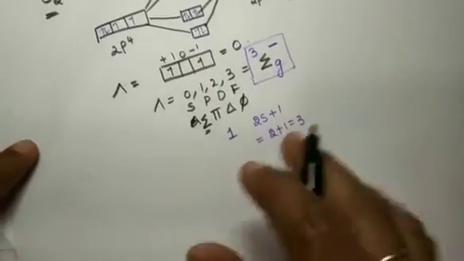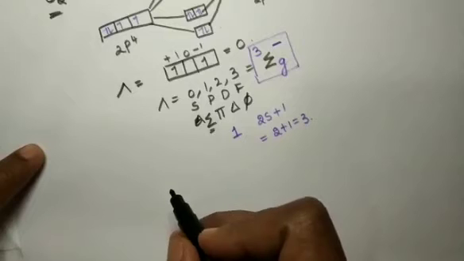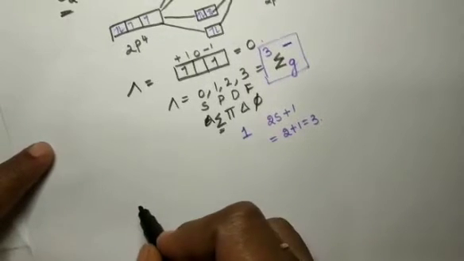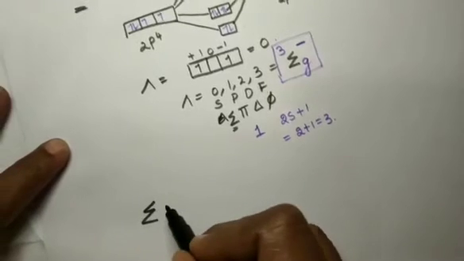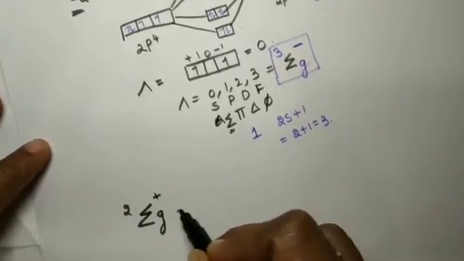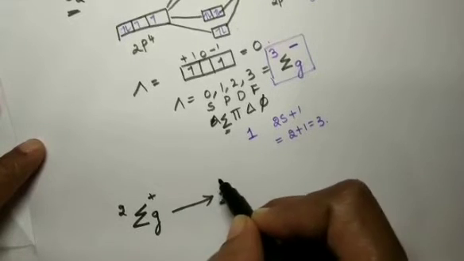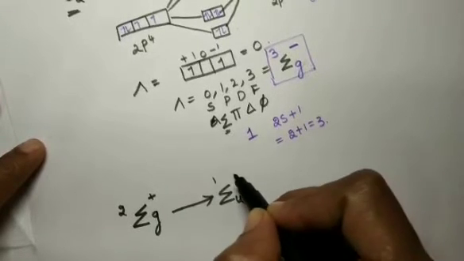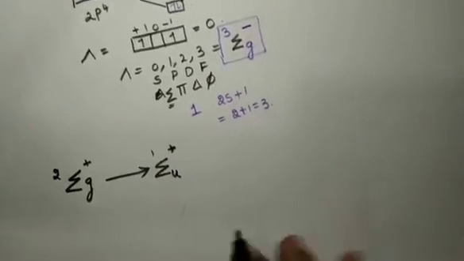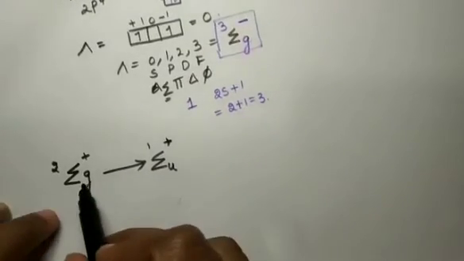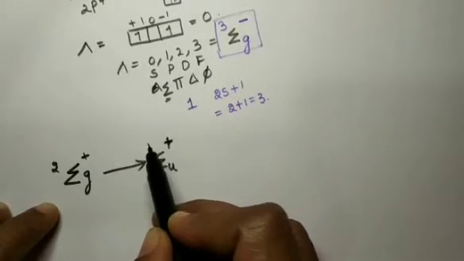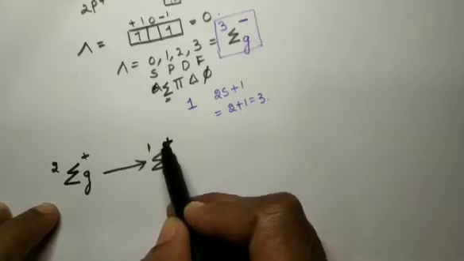And now we will discuss what the allowed transitions and the forbidden transitions are. For example, if we take sigma g 2 plus to sigma u 1 plus, here is the example. Here the plus is not a charge, it is a plus symbol.